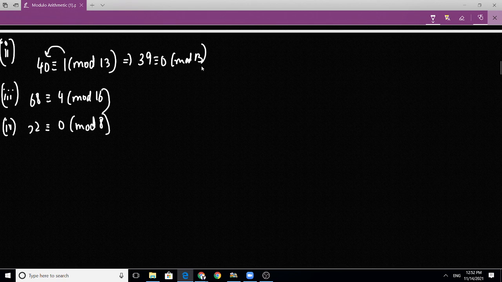Yes, 13 divides 39. 68 minus 4 is 64. 64 congruent to 0 mod 16. Yes, it is. And 72, because it's already congruent to 0, you can directly check whether 8 divides 72 or not. Congruent to 0 mod 8, because 8 into 9 is 72.